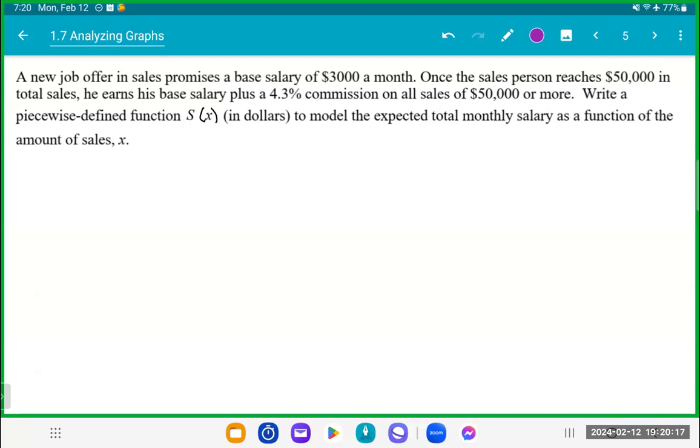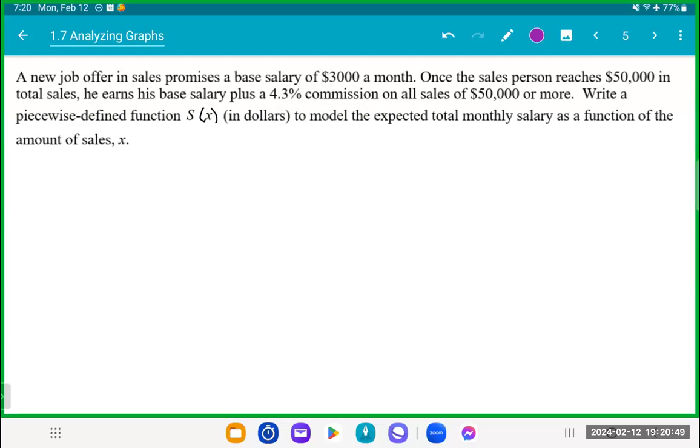So first of all, it says we get a new job offer in sales, which promises a base salary of $3,000 a month. Once you reach $50,000 in sales, then you're going to earn your base salary plus 4.3% commission on any sales over $50,000. And we want to write a piecewise function here to help us determine this, right?